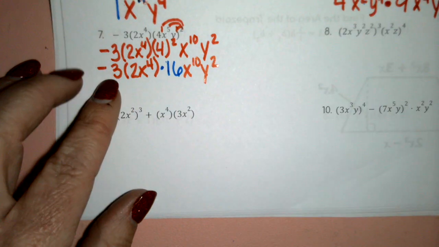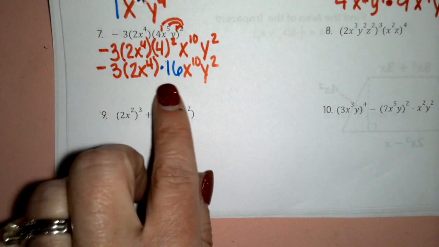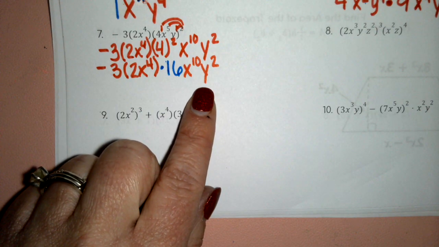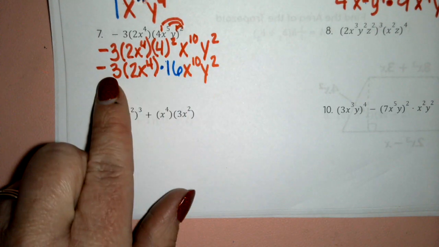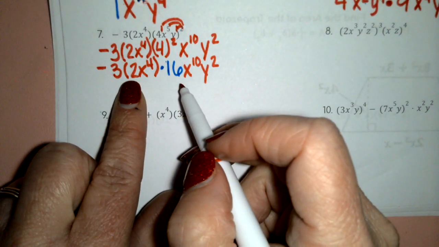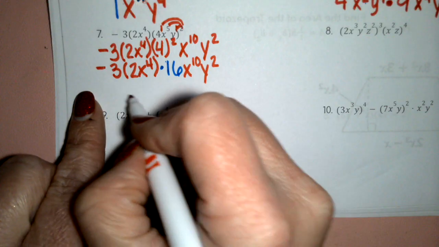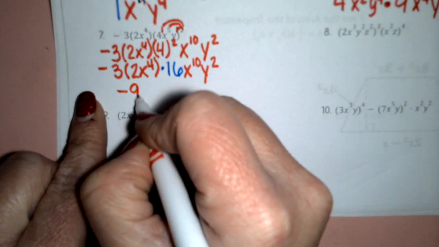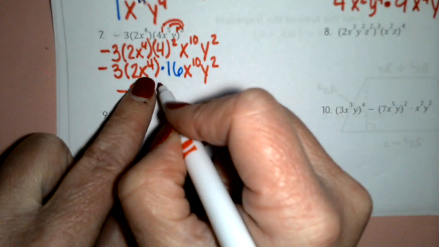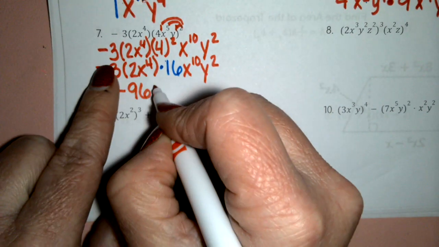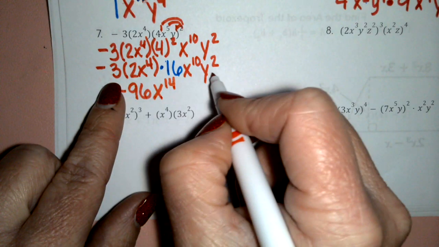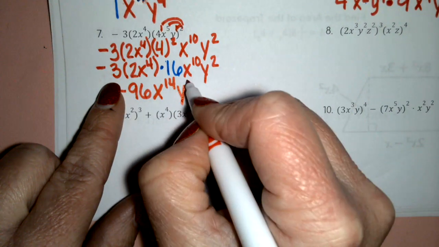Now we're just going to multiply. Everything is multiplied all the way across. So you can just go ahead and add your exponents now. So -3 times 2 is -6 times 16 is -96. And then there's 4 x's here and 10 x's here, so that's 14 x's. And then we have just 2 y's, so y squared.